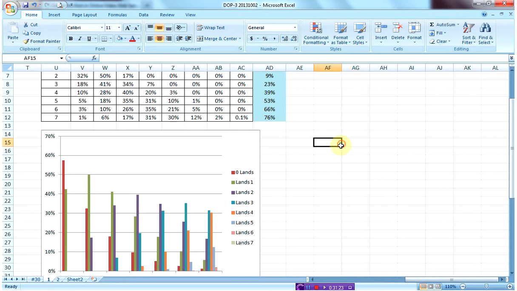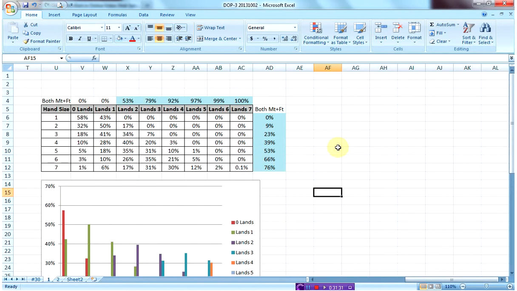And with those 3 or 4 lands, well, over this entire curve, really, that 7-card opening hand, there's a 76% chance that we're going to have at least 1 land of each color in this 2-color deck.